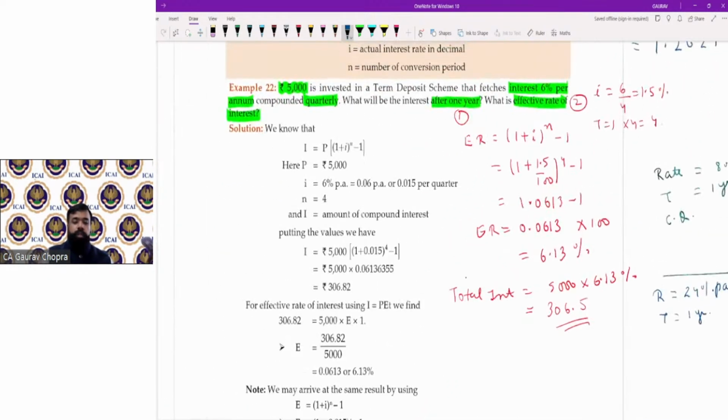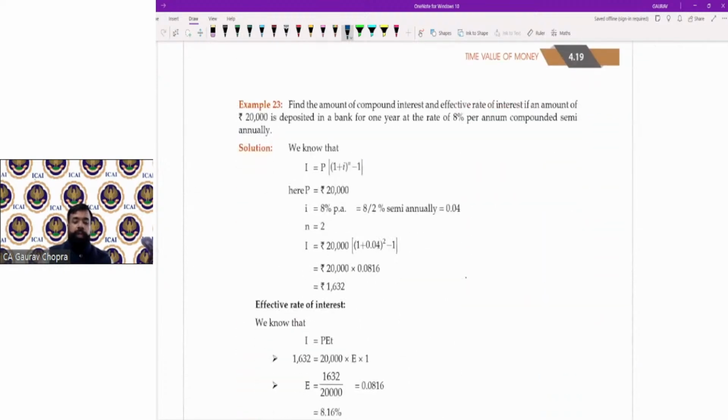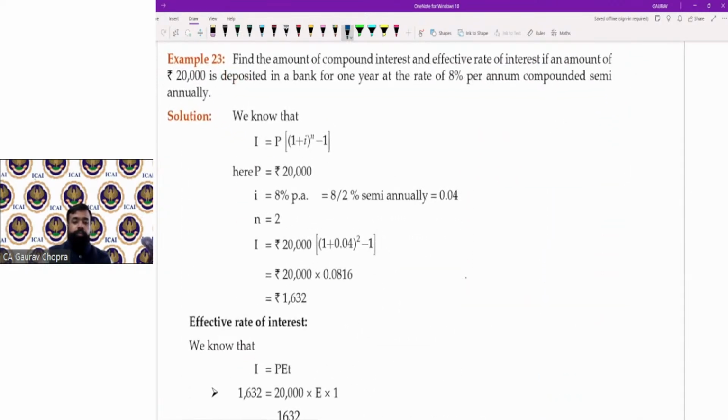All right. So let us begin with 23. Find the amount of compound interest. So here you have to calculate the compound interest and the effective rate of interest also. If an amount of rupees 20,000 is deposited in a bank, so this is your principal, for 1 year. So time is 1 year.